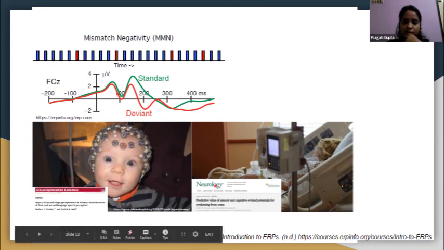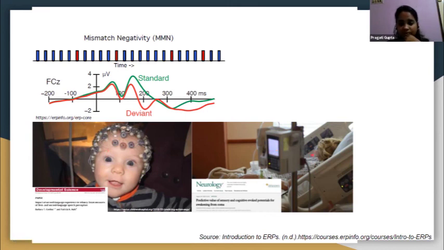We can also study coma patients, because they are not able to identify objects and stimuli. But when we give a specific tone, with standard and deviant tones, we can see the standard minus deviant waveform and predict that the person is understanding, that their brain is still working.